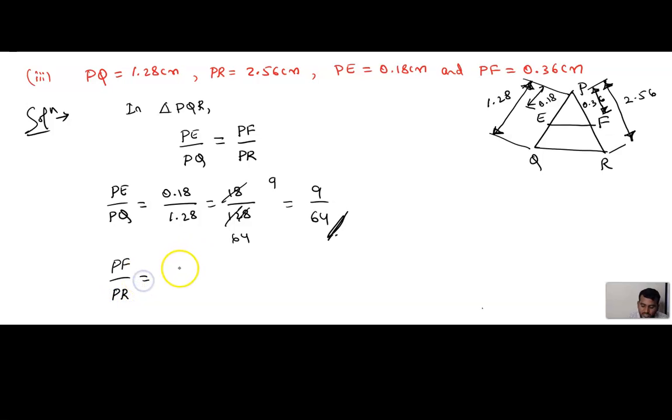Now check with PF by PR. How much is PF? 0.36. PR is 2.56. 0.36 becomes 36, 2.56 becomes 256. Shall we divide? 2 1s are 2, 2 8s are 16. 2 2s are 4.